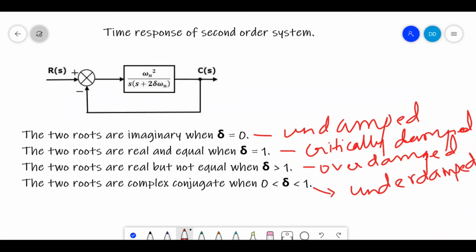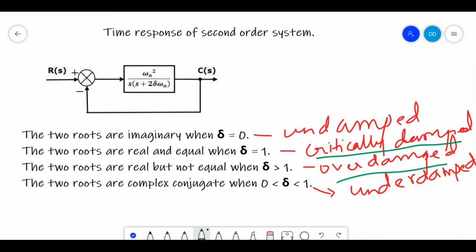Both the critically damped and overdamped systems do not exhibit any peak overshoot. That is the most important point to remember. In the undamped system, the transient response will not die out; it is purely oscillatory.